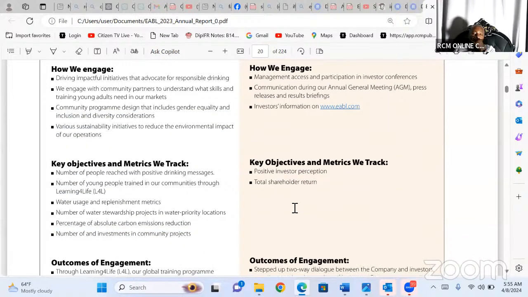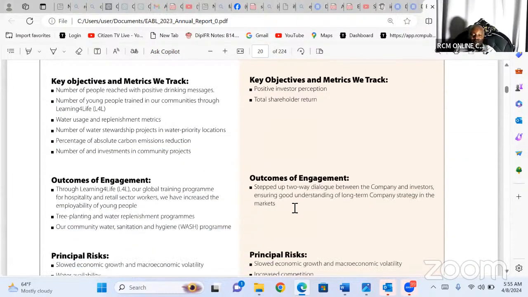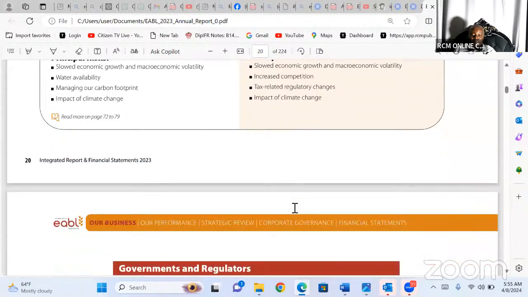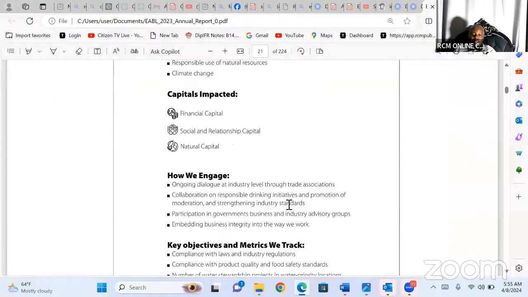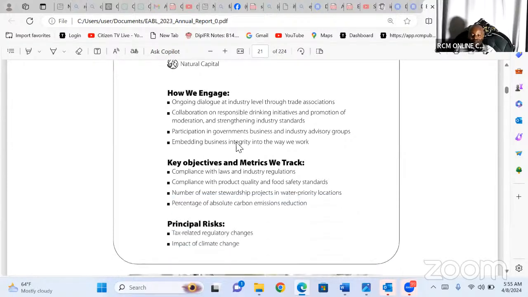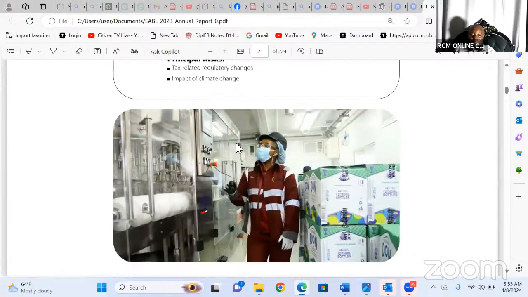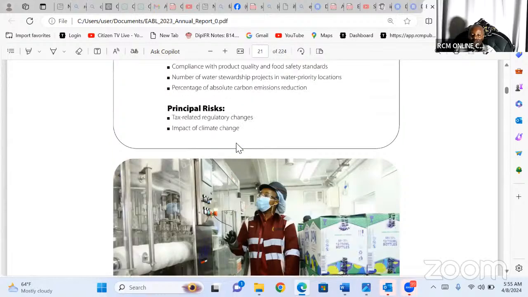I mean, CPA is very, very practical. You can also see they're giving us principal risks.